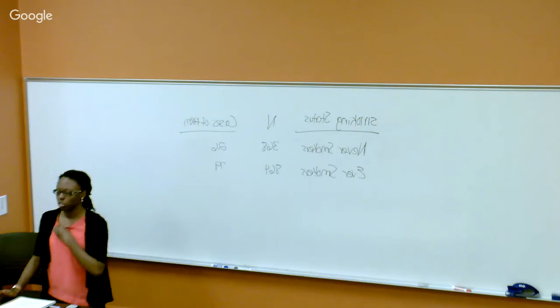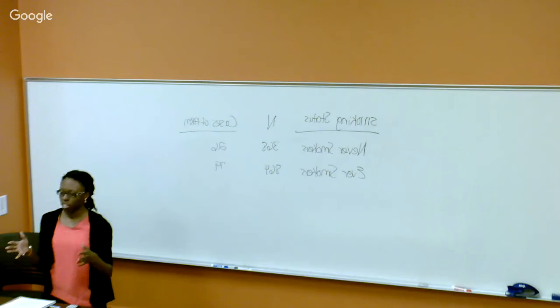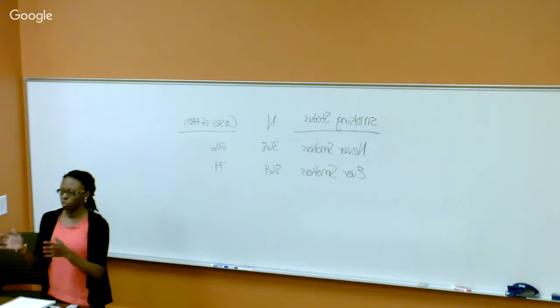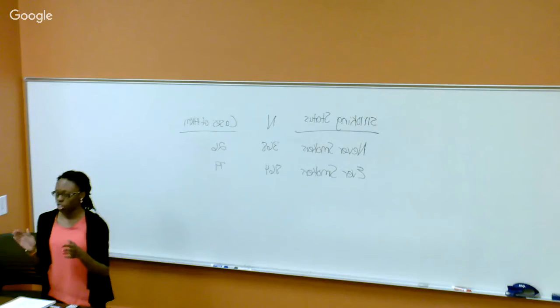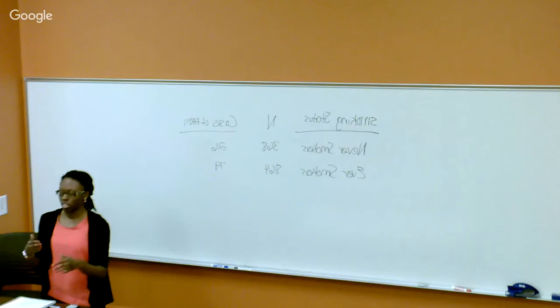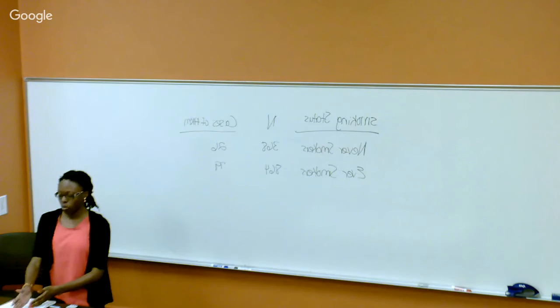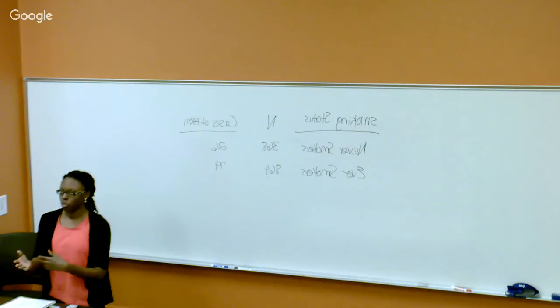A cross-sectional study is usually just looking at a snapshot in time. Whenever you're looking at your exposure and your outcome, you're looking at it all at once. You would do a survey on a population and ask them, right now, have you smoked?